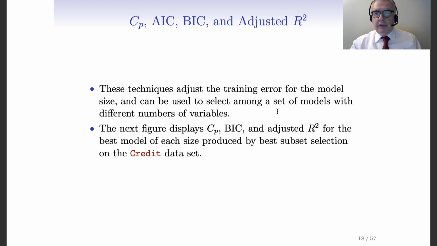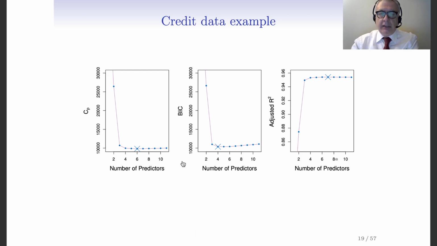First of all, let's see how they work on our credit dataset. In the credit dataset we show Cp, BIC and adjusted R squared.